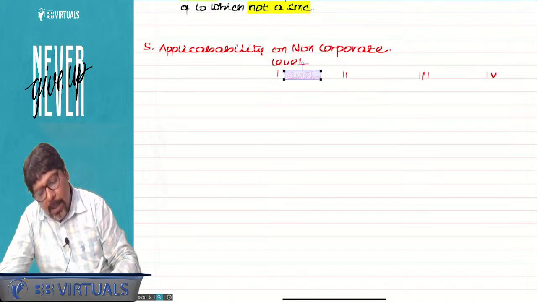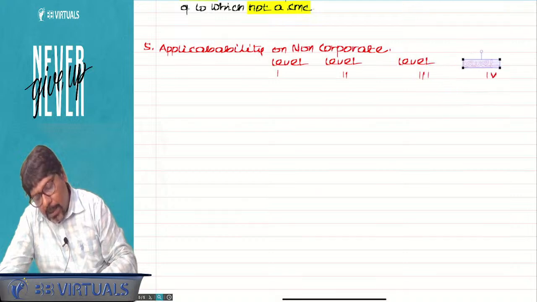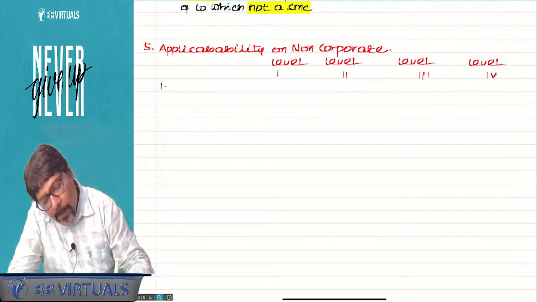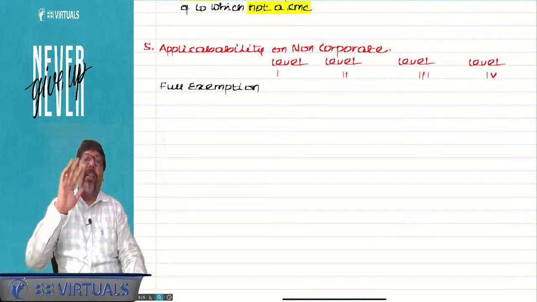Level 1, level 2, level 3, level 4. Am I clear? Full exemption means they are not supposed to apply.